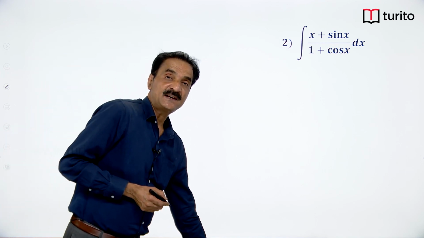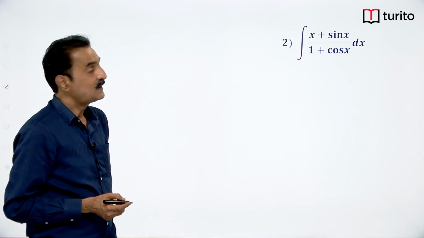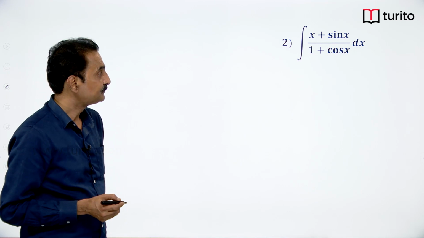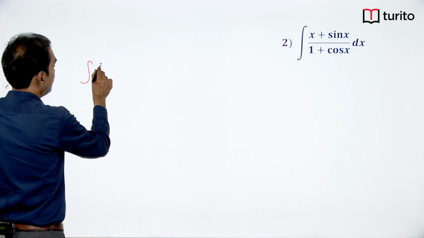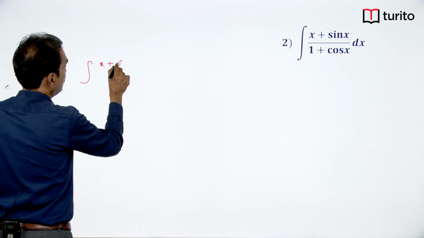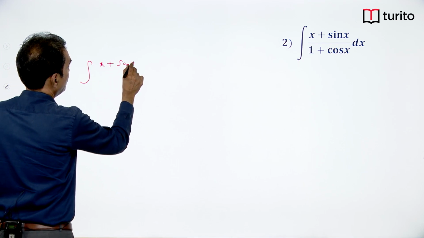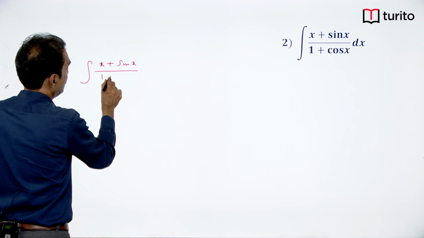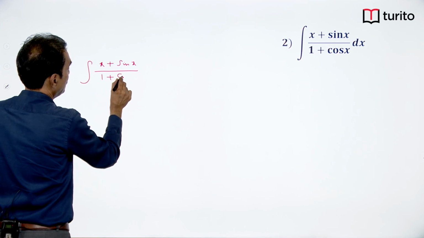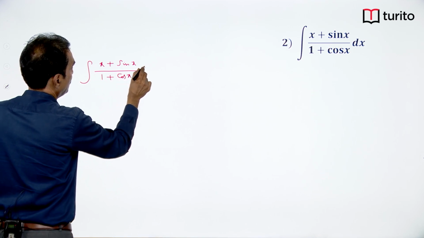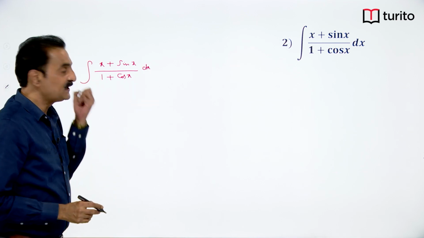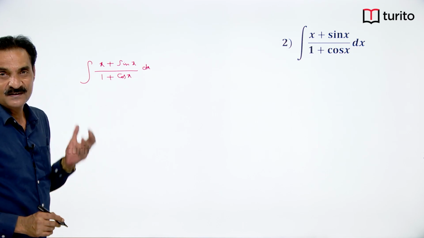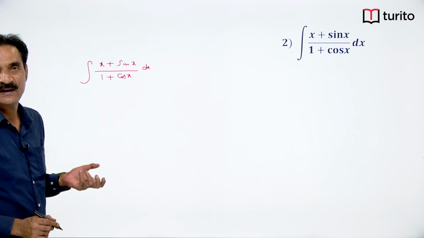integral x plus sin x upon 1 plus cos x. Let us simplify the denominator. 1 plus cos x is 2 cos square x by 2.